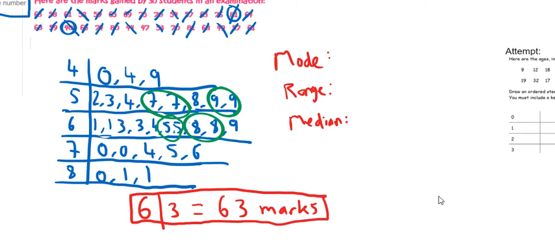So the mode for this one, you could write down it's going to be 70, 65, 68, 57, 59, 81. So all of those occur twice.